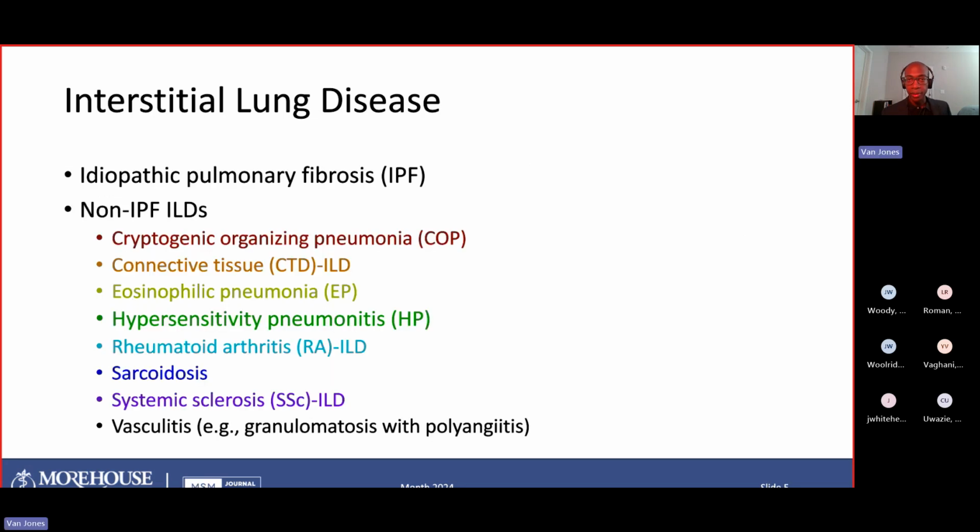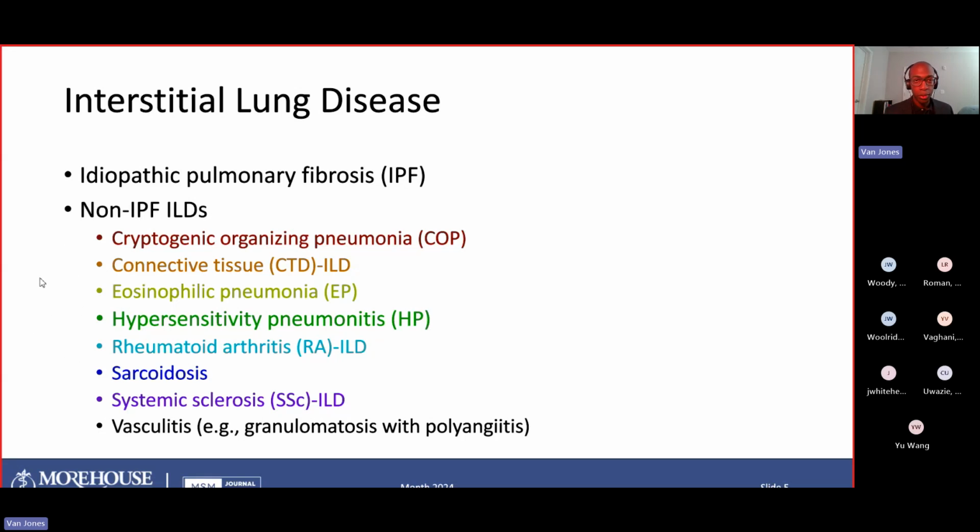There are various types of interstitial diseases. I have a non-exhaustive list right here. The prototypical one, the one that people talk about mostly, is idiopathic pulmonary fibrosis. This one is especially characterized by widespread fibrosis of the lung tissue and ultimately has a worse prognosis than all the other ones usually.